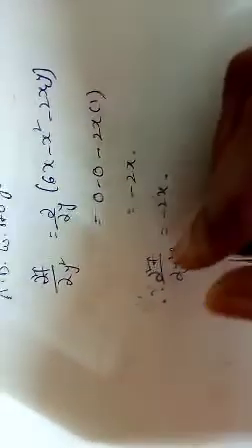And now the condition for f of x, y to be maxima and minima: the condition for the maximum and minimum is fx equal to 0 and fy equal to 0.